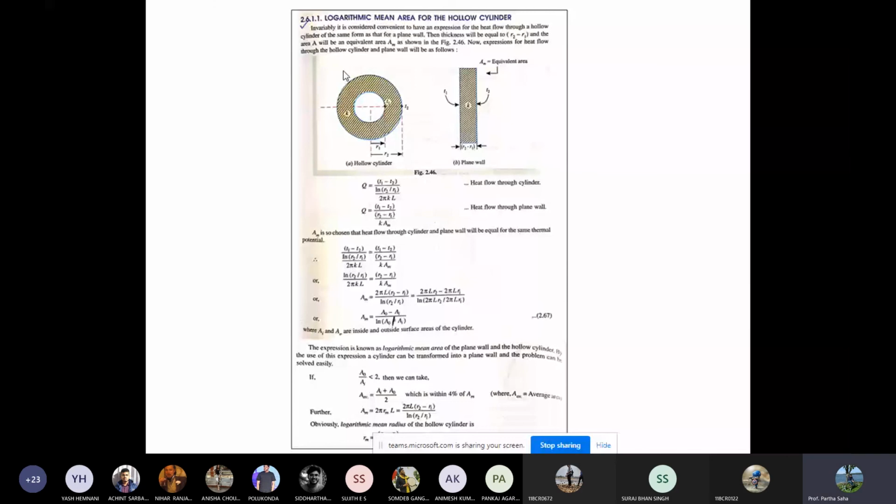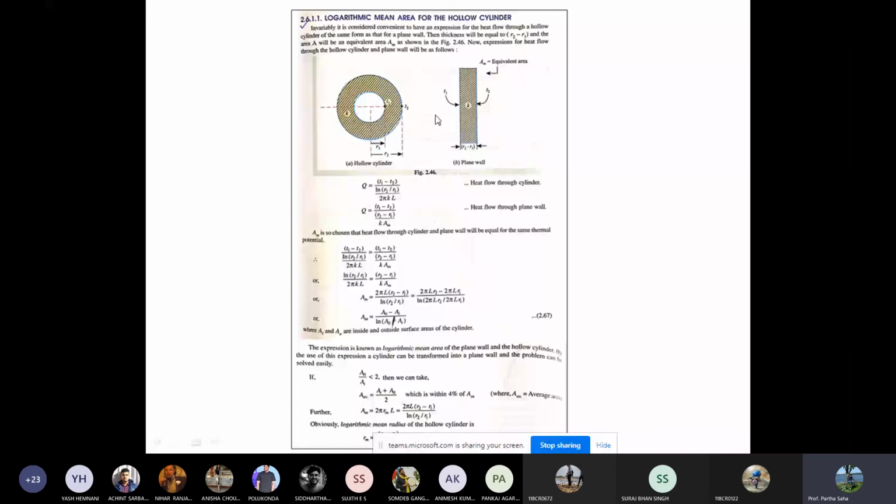You can see that this is a hollow cylinder where the inside radius and outside radius are R1 and R2, and the corresponding temperatures are T1 and T2. The thickness of this hollow cylinder is the difference in the radii, that is R2 minus R1. The area A can be given by a mean area, AM, as shown in figure 2.46.